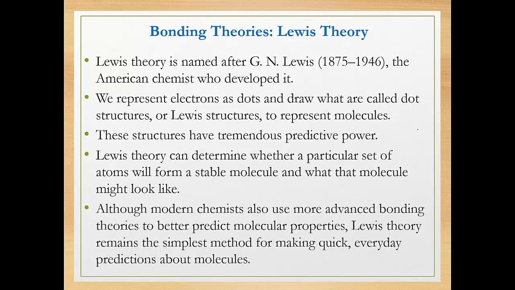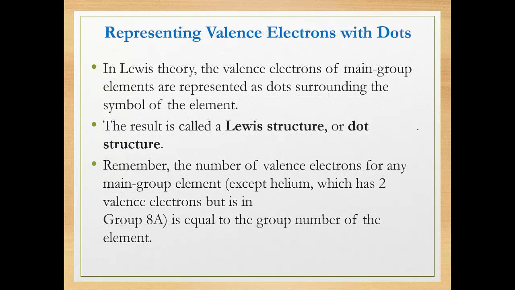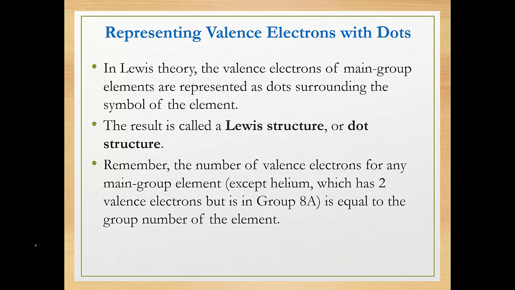Unless you need a very high level of information about the structure of a molecule, the bonding angles of a molecule, Lewis theory is probably going to get you where you need to be. In Lewis theory, the valence electrons for main group elements will be represented as dots surrounding the symbol of the element. So we'll just write the symbols such as sodium, and then we will put in the valence electron dots.